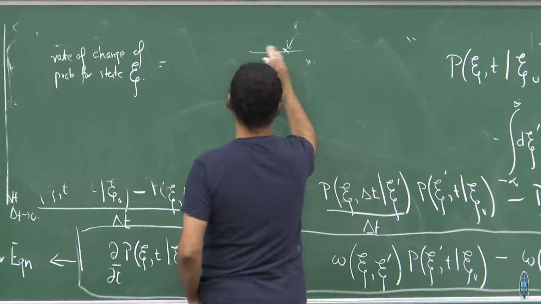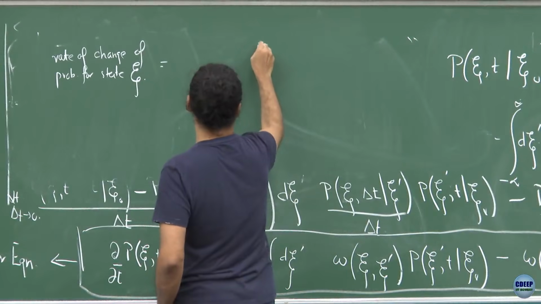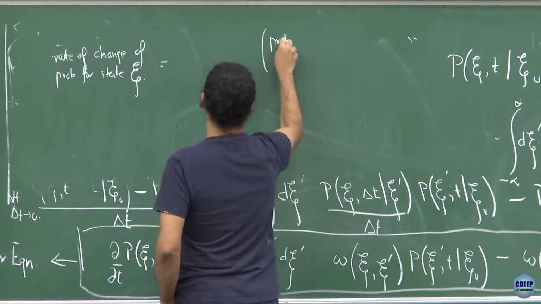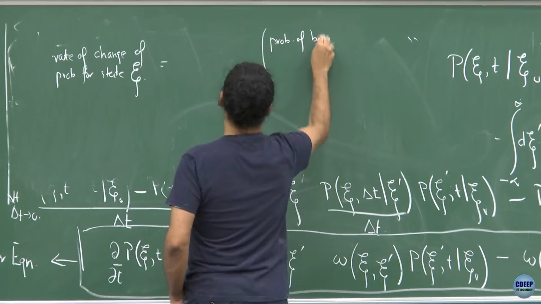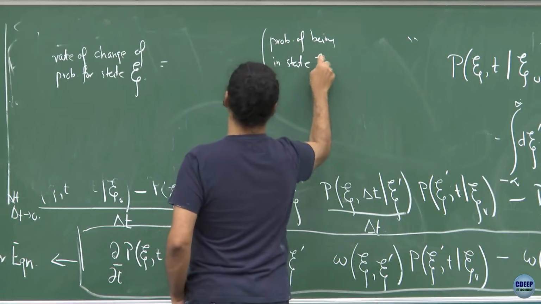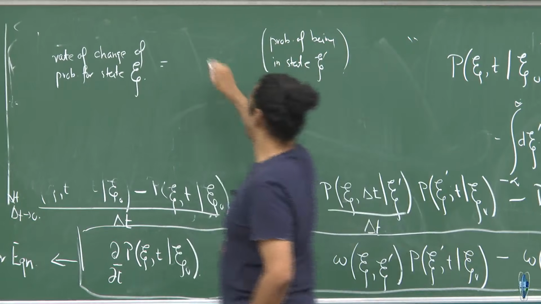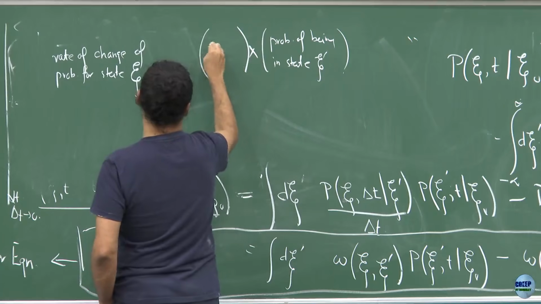One is that you were with some probability in some other state xi prime, and then you make a jump from xi prime to xi.